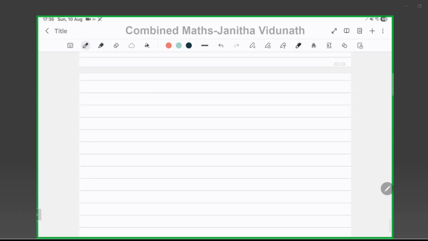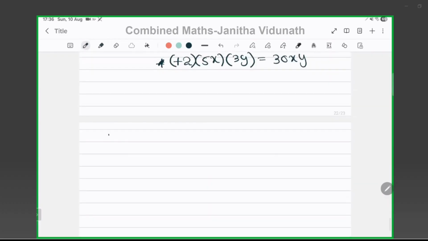Now we are going to learn our next rule for our factorization methods. It is difference of squares.